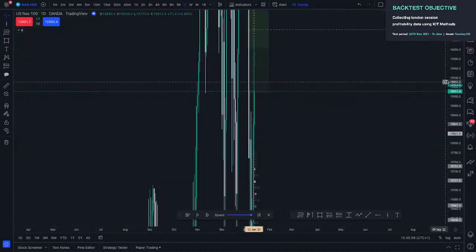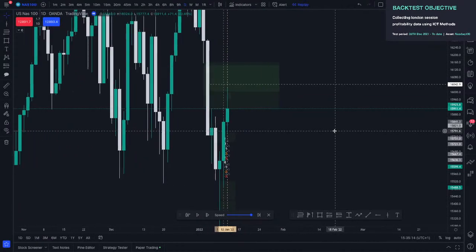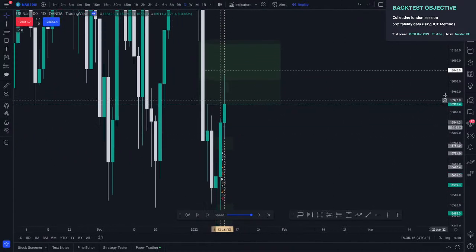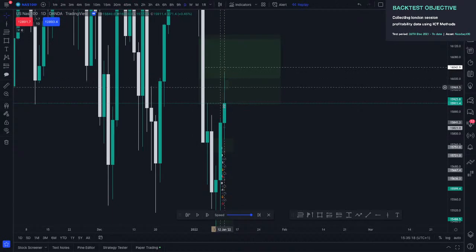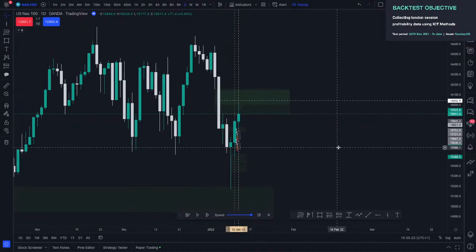So this is where the market is, and we practically retracted from testing this area all the way back to this candle. Now the question is, are we bullish or bearish? Obviously, as per ICT, we're supposed to expect the market to turn around.